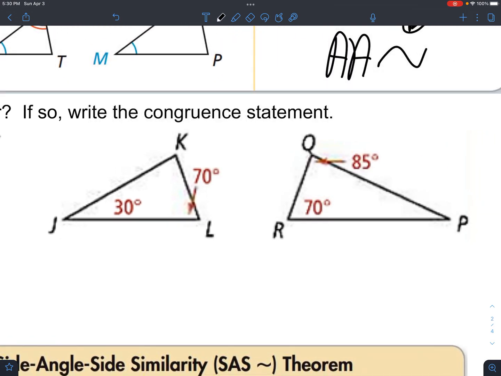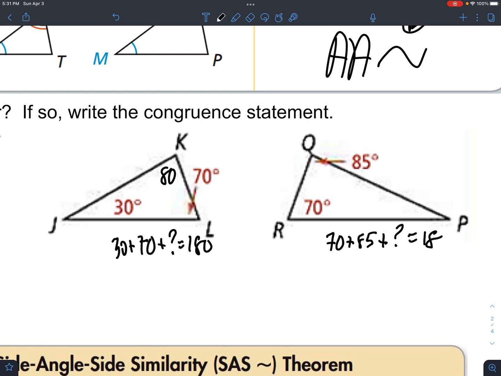All right. And then these two guys, let's just go ahead and find out what the third angle is. 30 plus 70 plus what is 180? In fact, it's 80. So that's the third angle. And for the other one, 70 plus 85 plus question mark, the measure of angle P, is 180. So it looks like this is going to be 25.